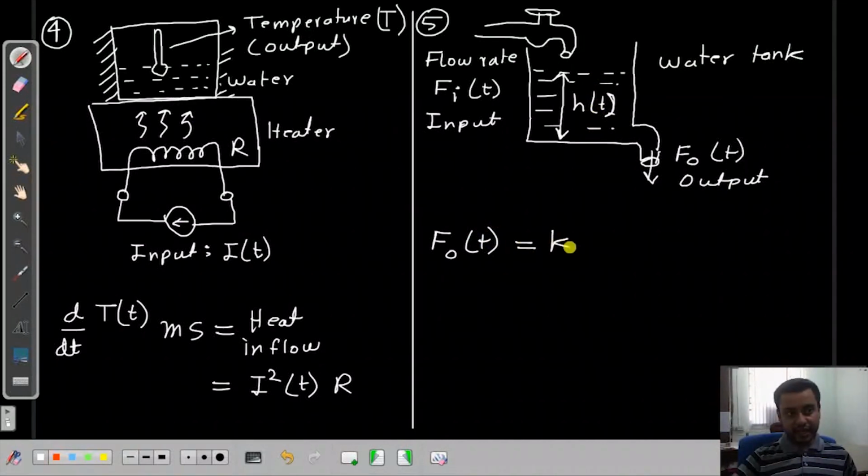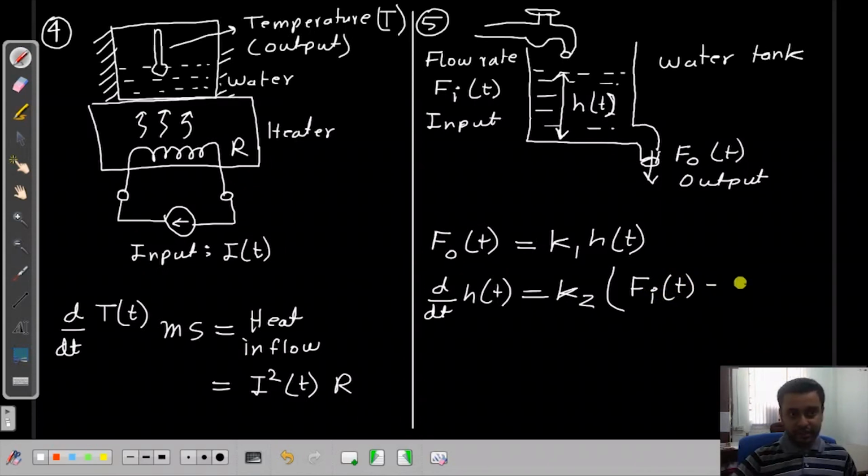So I can write this as some constant K1 times H(t). Now the height of the water changes depending on both the input and the output flow rate. We can say that the rate of change of the height of the water is some constant K2 times the flow rate inward minus the flow rate outward.